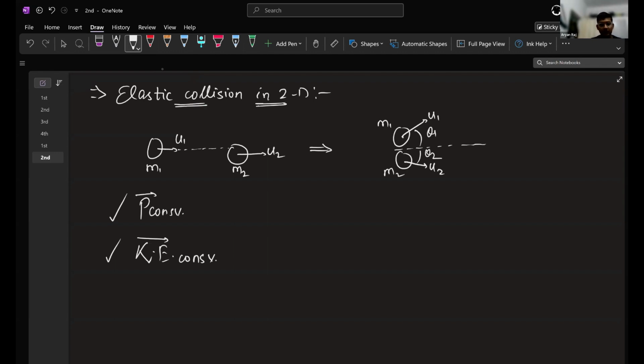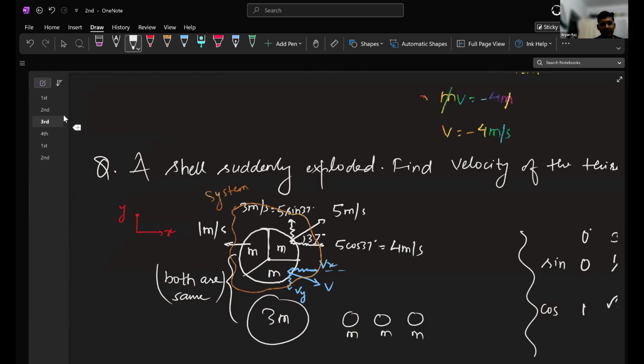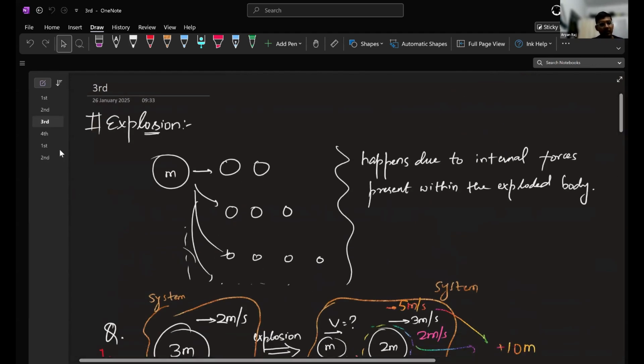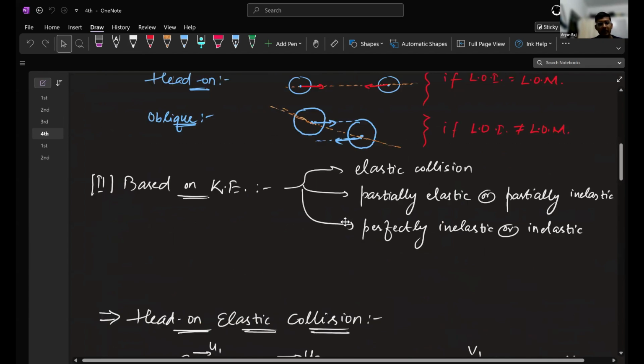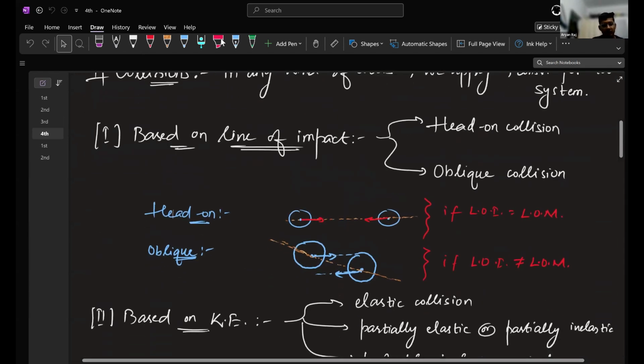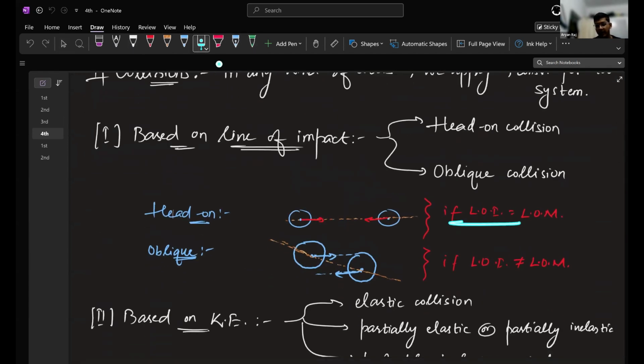So when we apply momentum conservation, here we'll have to apply it in two directions. Initially, when we were discussing, the line of motion was equal to the line of impact.